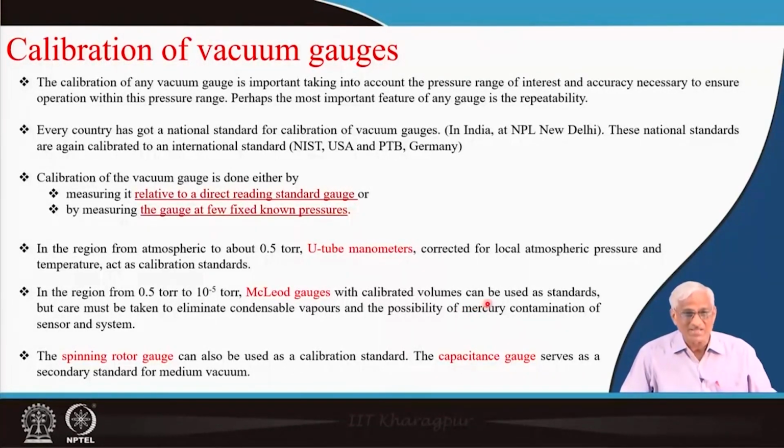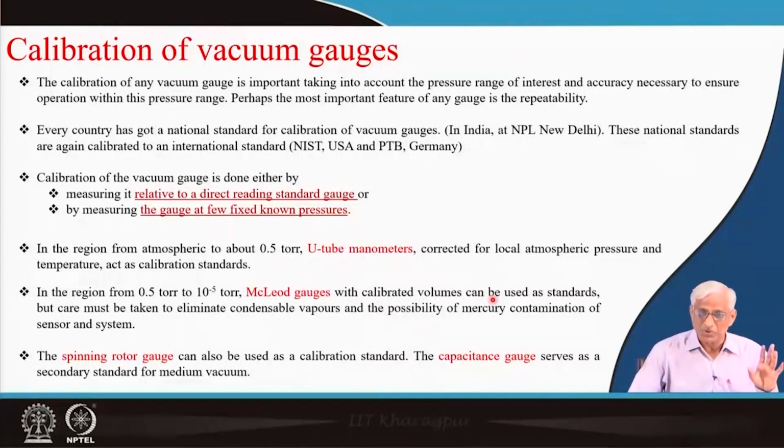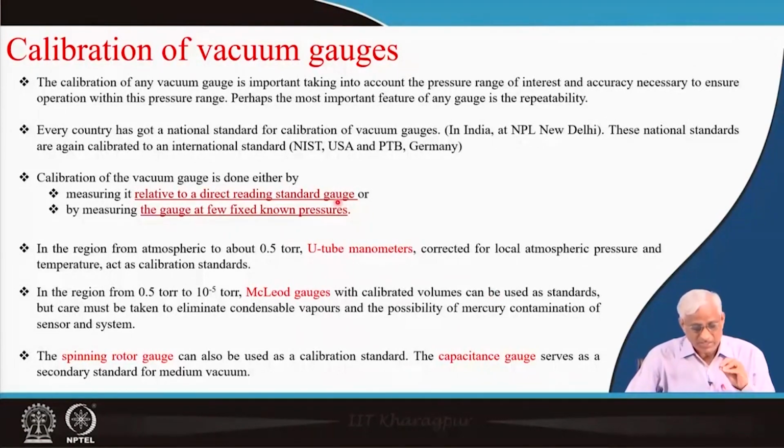Because your process should be reliable, so measurement should be reliable. So, the spinning rotor gauge, capacitance gauge, McLeod gauge and U-tube manometer are the gauges relative to which you are measuring and calibrating your unknown gauges, whether it is an ionization gauge or Penning gauge or thermal conductivity gauge or anything.